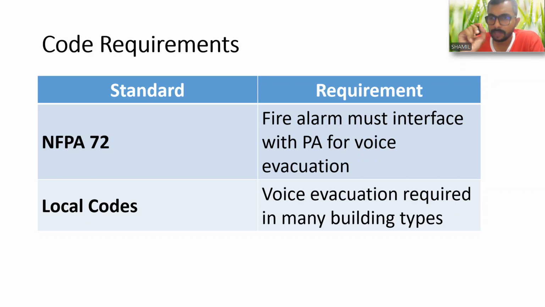In NFPA 72, there is a requirement which says that the fire alarm system must interface with the public address for voice evacuation. Many local codes mention that voice evacuation is required in many building types. It's just general information, but the requirement is still there. NFPA 72 is the Bible for the fire alarm system, and then we have the local codes as well. In both cases, it's mentioned that the integration is essential.